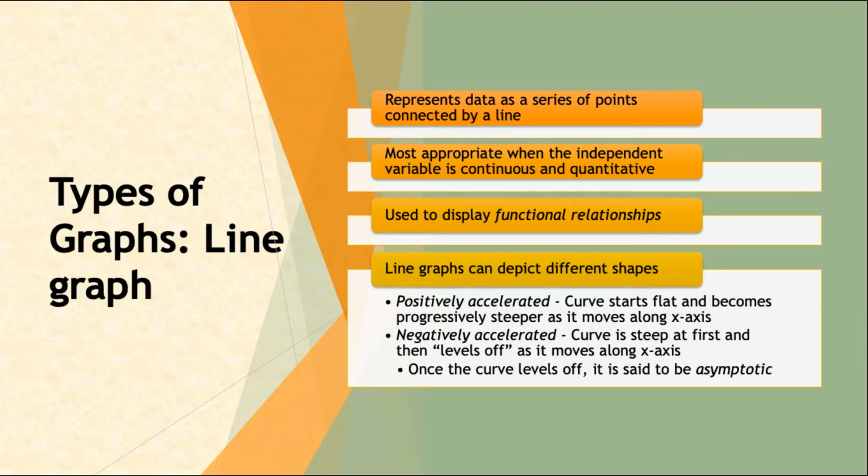A positively accelerated curve starts flat and becomes progressively steeper as it moves along the x-axis. With a negatively accelerated curve, it is steep at first and then levels off as it moves along the x-axis. Once the curve levels off, it is said to be asymptotic.